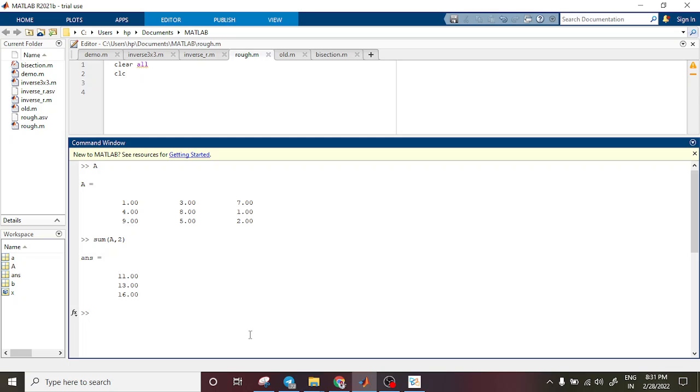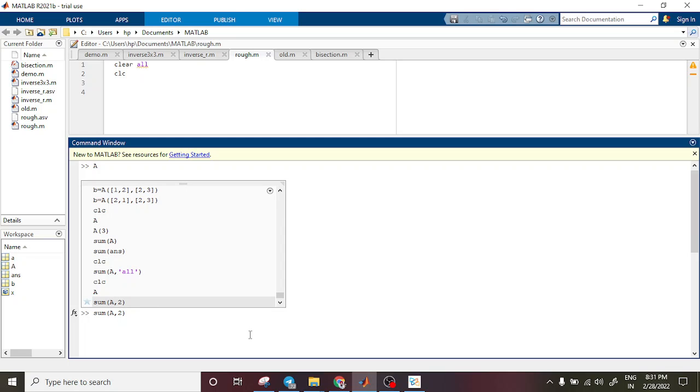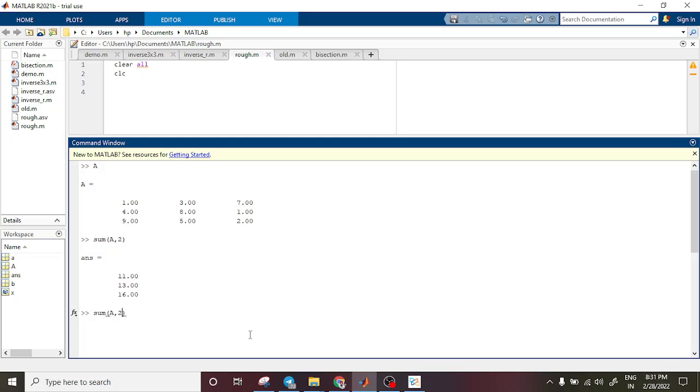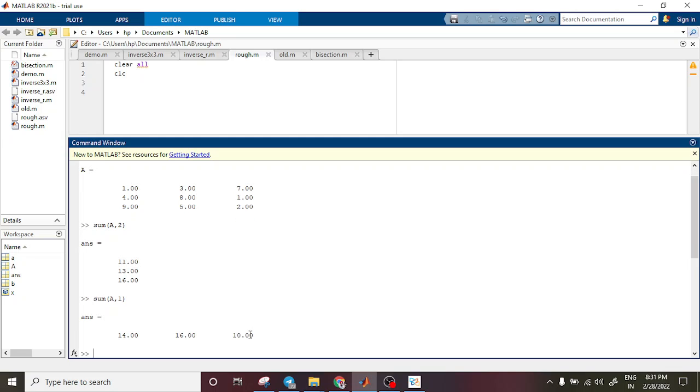Otherwise it gives the answer of the columns, adding all the columns. If I write 1 instead of 2, this is the normal sum it gives. So these are the things you have to remember.